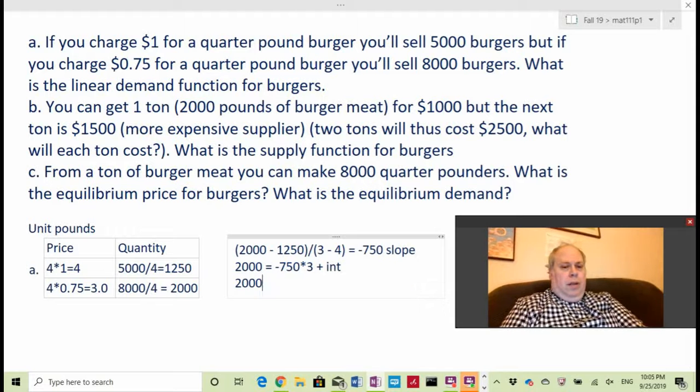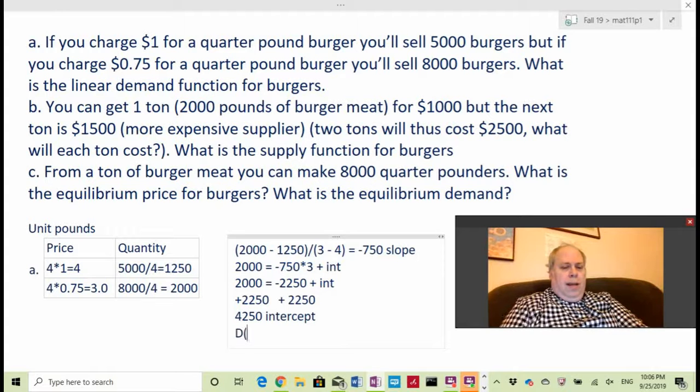So 2,000 equals 3 times negative 750, which is negative 2,250, plus the intercept. If I got this right, we add 2,250 to both sides, and that gives me 4,250 as the intercept.